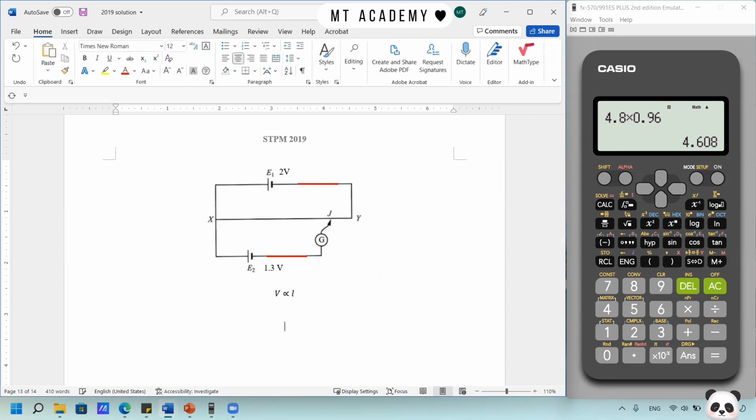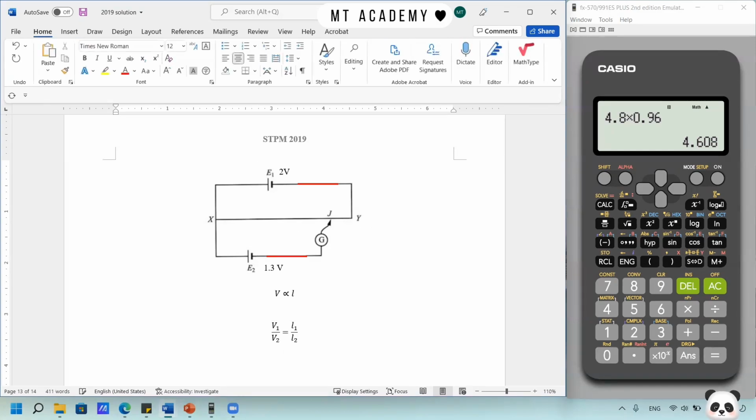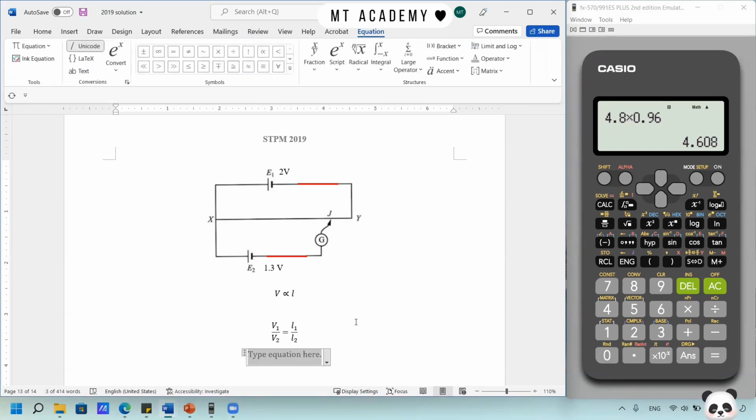So we have the formula V1 over V2 equals length 1 over length 2. We're going to find the balance length of XJ over the length of 100 centimeter.